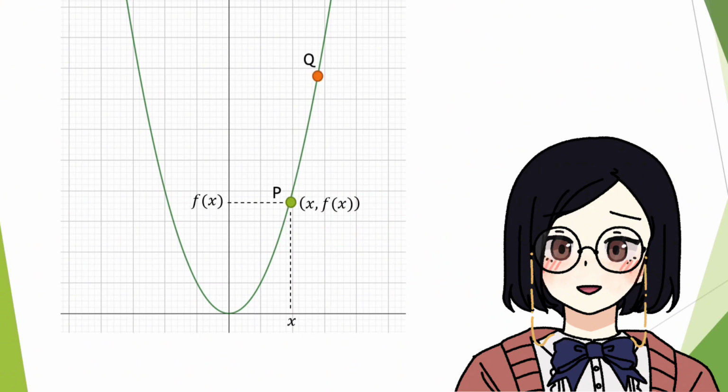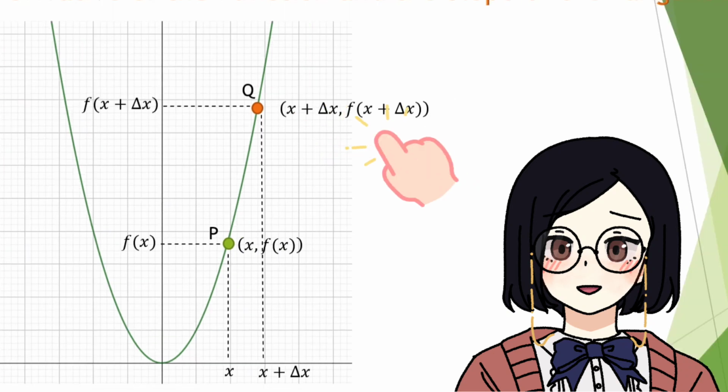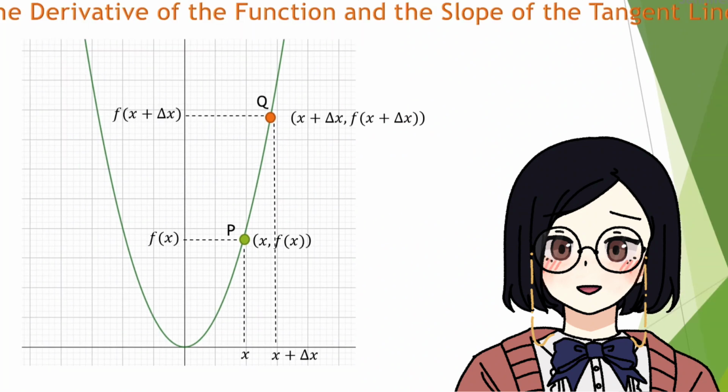Now let's get another point on the curve and label that as point Q. Point Q will have an abscissa of x plus delta x and an ordinate of f of x plus delta x. In other words, it will have coordinates x plus delta x, f of x plus delta x.